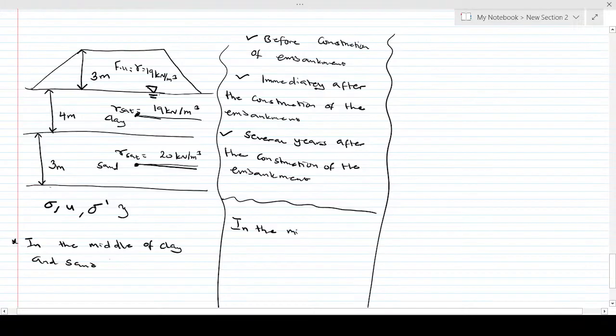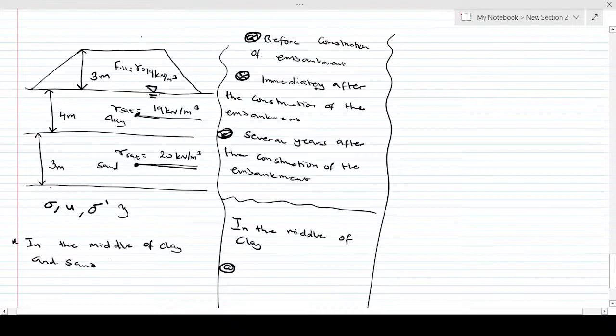In the middle of clay, let me call these questions A, B, and C. So in the middle of the clay, question A, we are supposed to find these three parameters, the total stress, pore water pressure, and effective stress before the construction of the embankment.